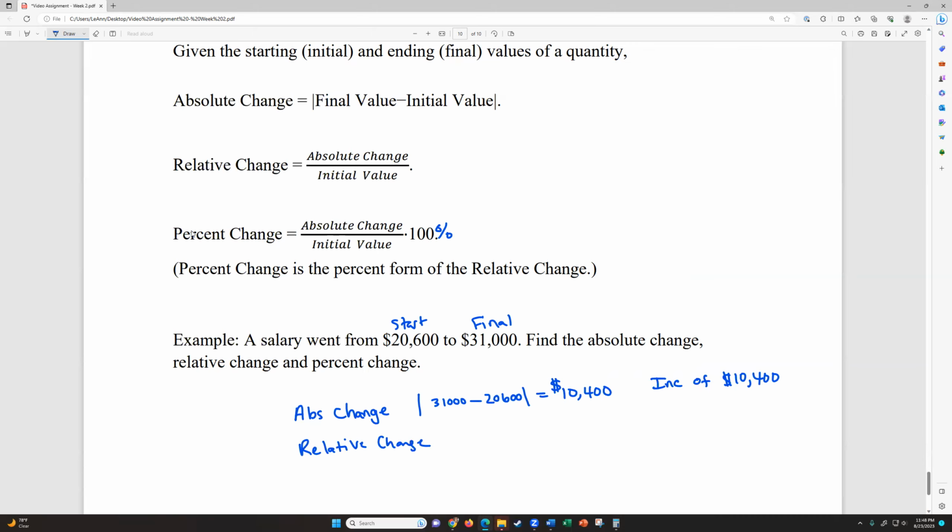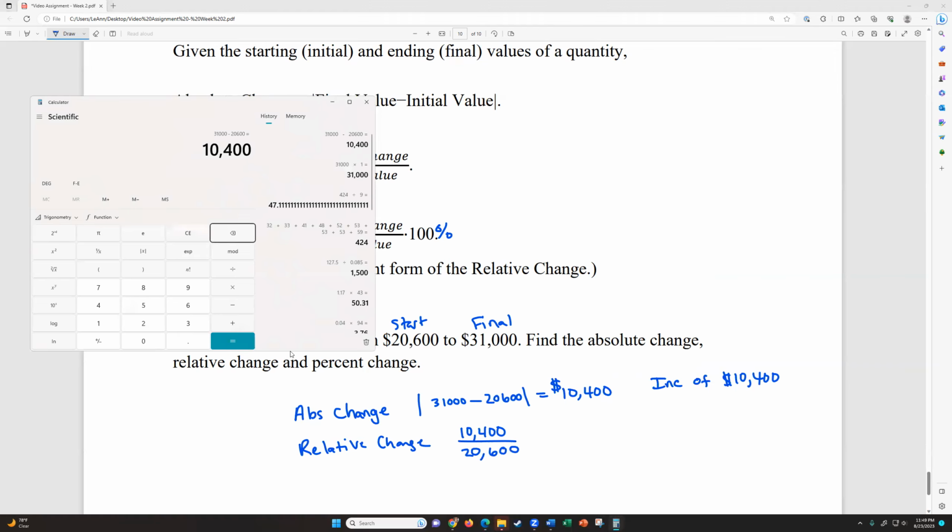Okay. We do the relative change. We take the value we just got for the absolute change, so 10,400, and we always divide it by the old or the starting value. So our starting salary was 20,600. 10,400 divided by 20,600.